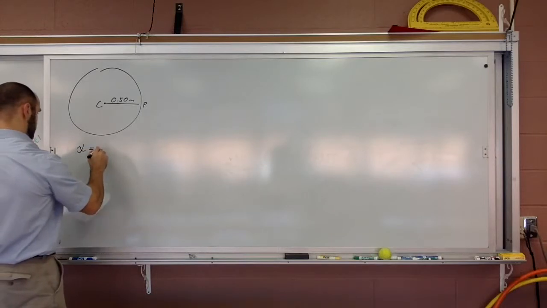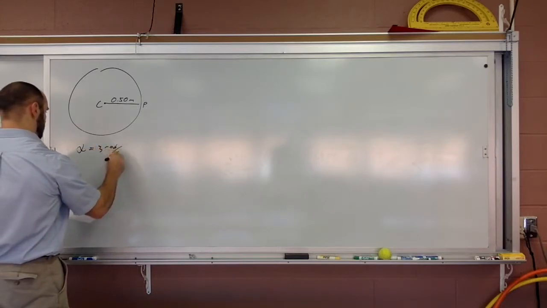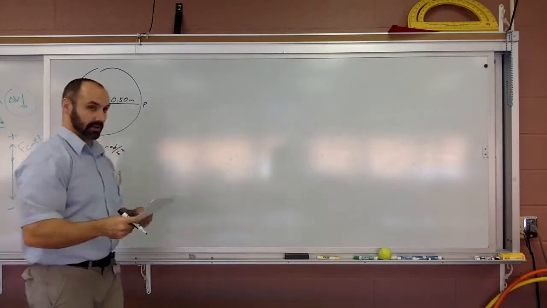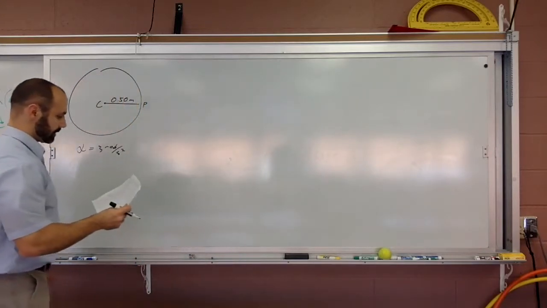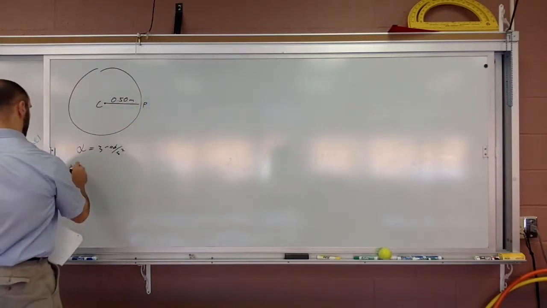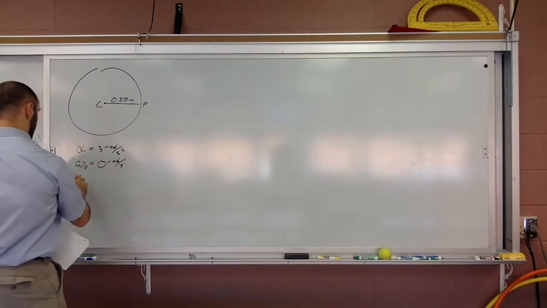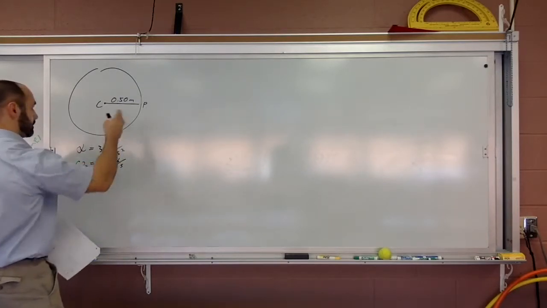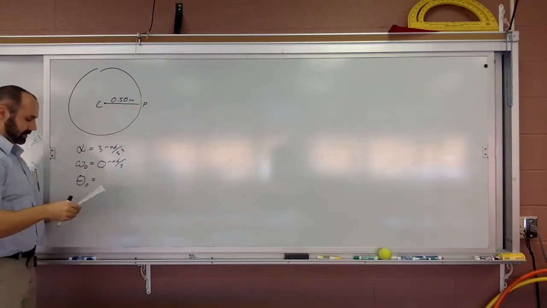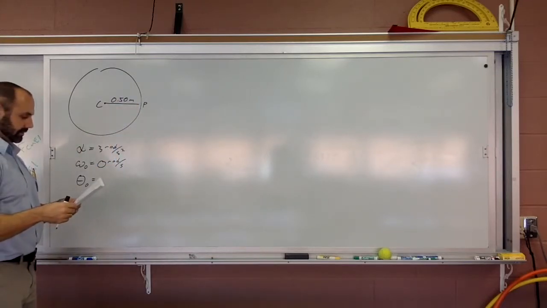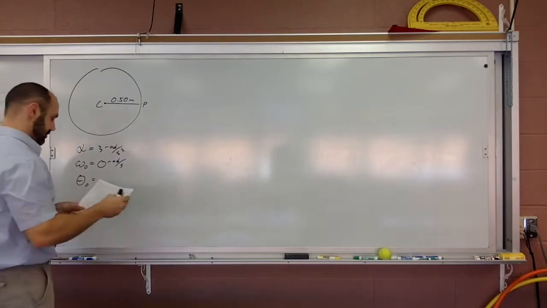A is 3 radians per square second. Okay. And omega naught is 0 radians per second. And initial position, since it's like this, we can consider that initial angle theta as just 0.